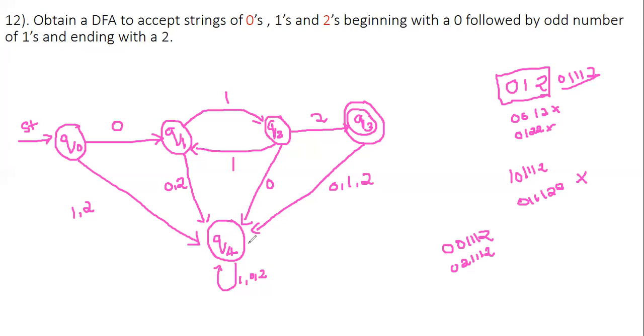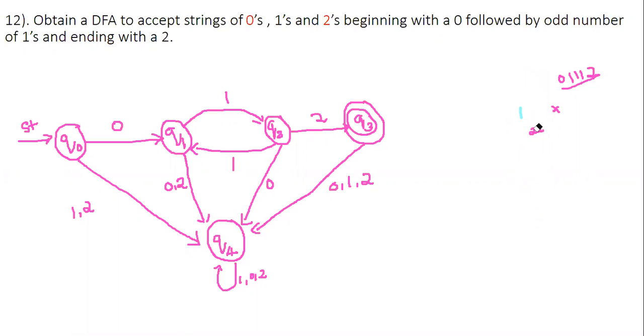Okay, students, for this, you want to write the transition table. We'll see how the transition table looks. How many inputs are there? Total 3 inputs, right?